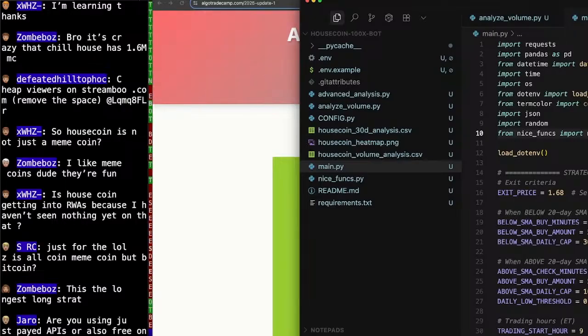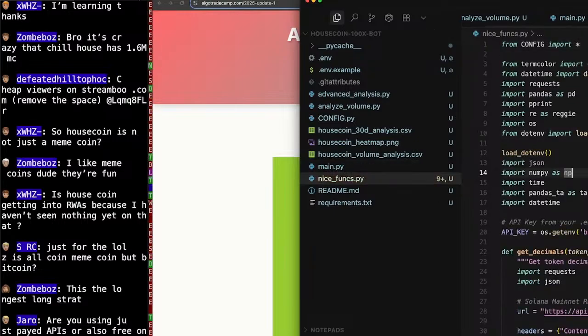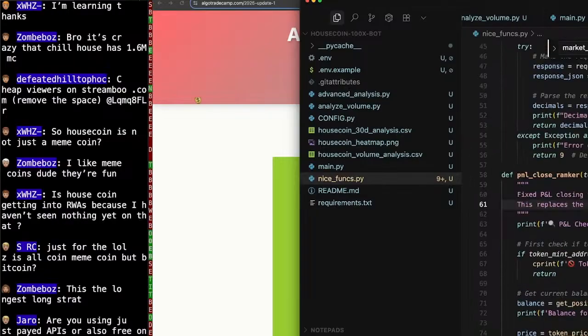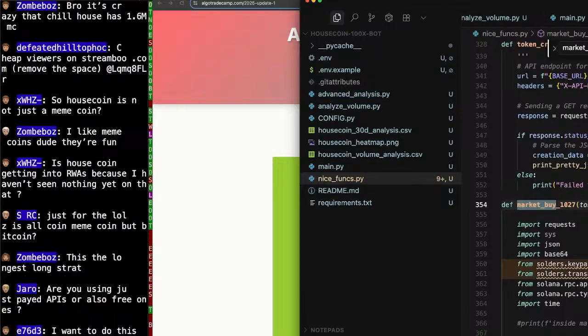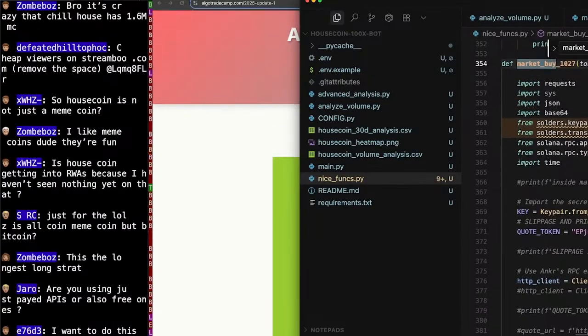I need to create a make Jupiter swap function. Let me add it. We already have a market buy. Use the exact one that we're using in this bot here.